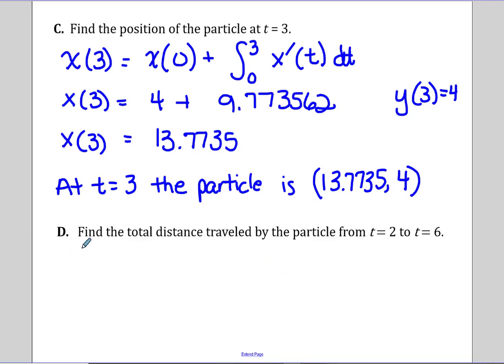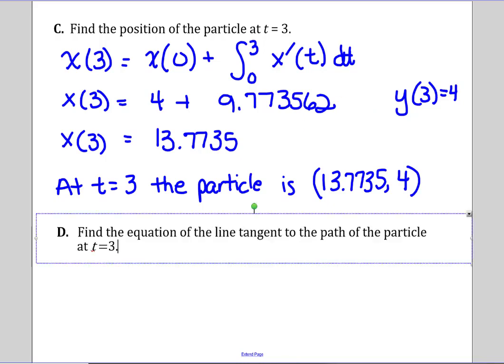And then finally find the total distance traveled by the particle. Oh, this is not the question on my notes. Find the equation of the line tangent to the path of the particle at t equals 3 is what my notes say. So let me go change this prompt.